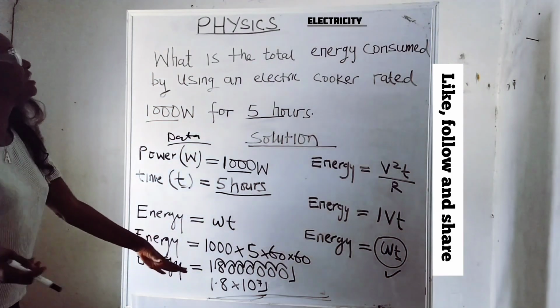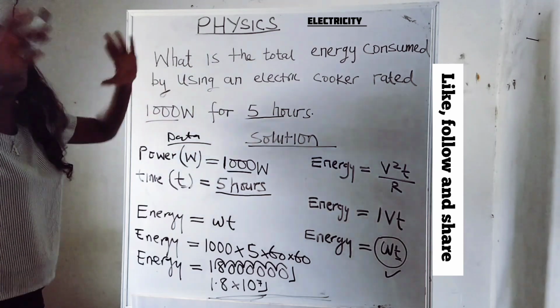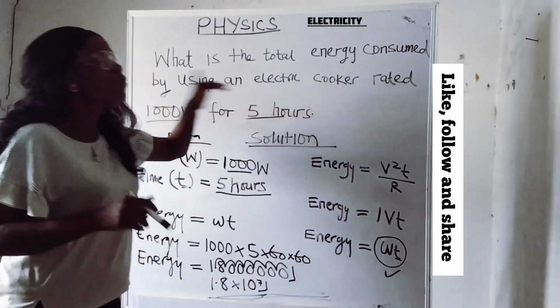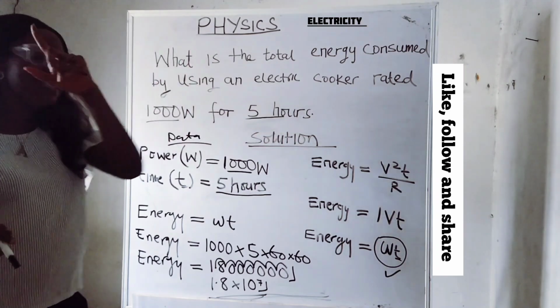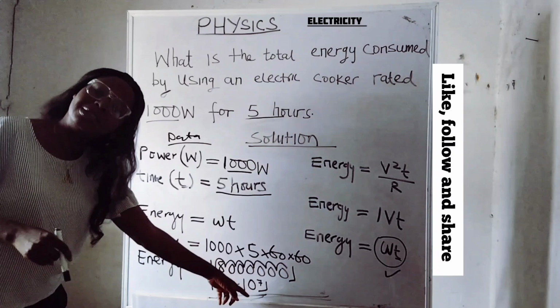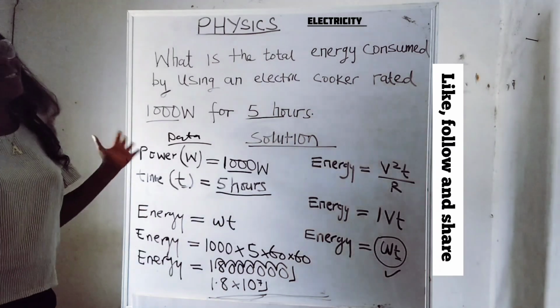So the total energy consumed by using this electric cooker for 5 hours is 1.8 times 10 raised to power 7 joules. It's quite a lot of energy.